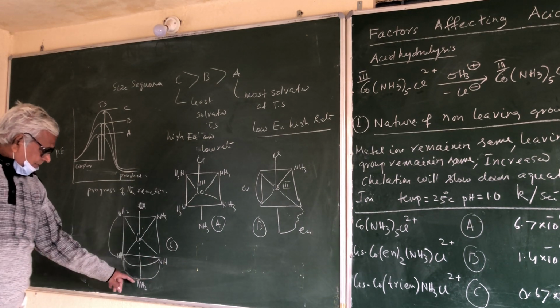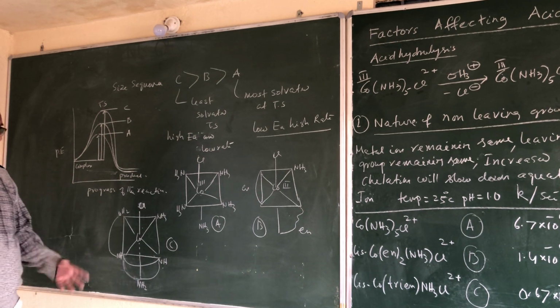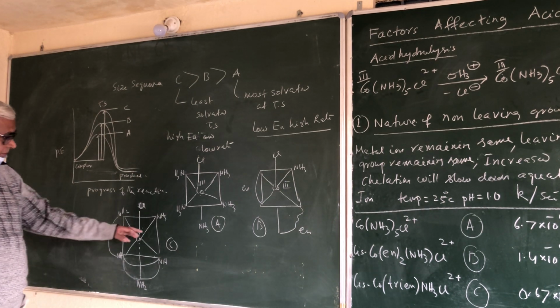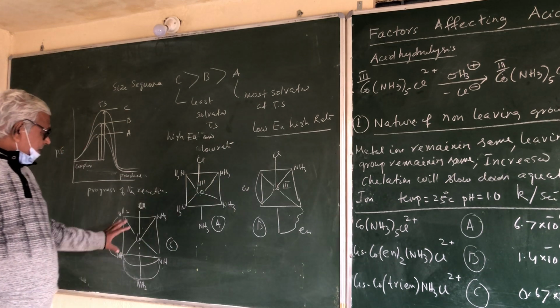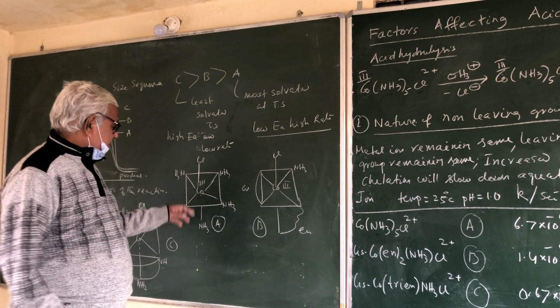Here NH can come to this position, NH2 can go to this position. So that will develop a new conformer. So A, B, C: the size of this is largest, so least solvated. Size of this is smallest, so most solvated.